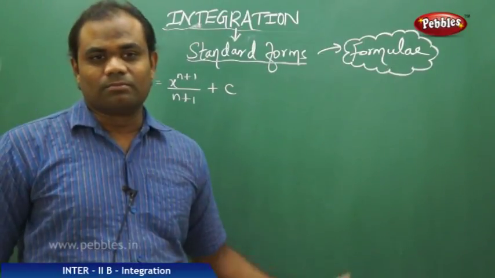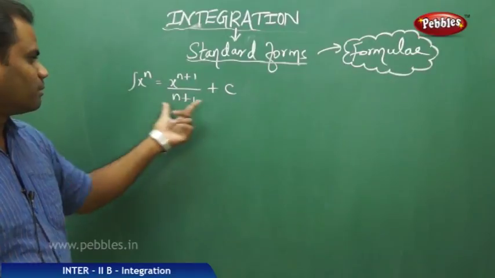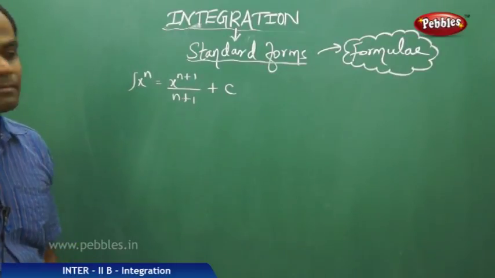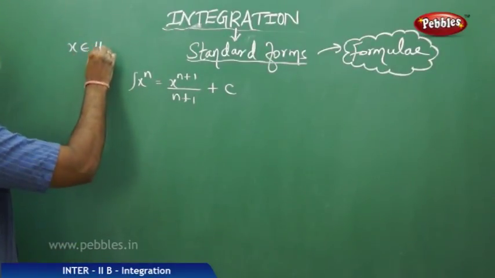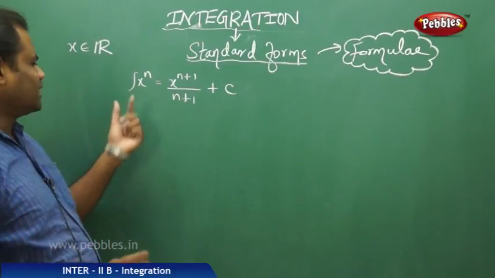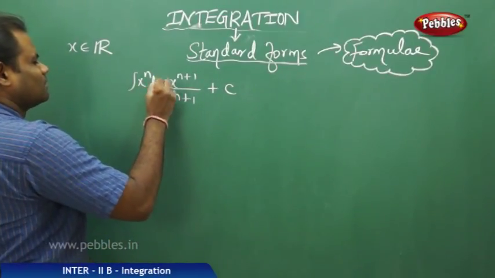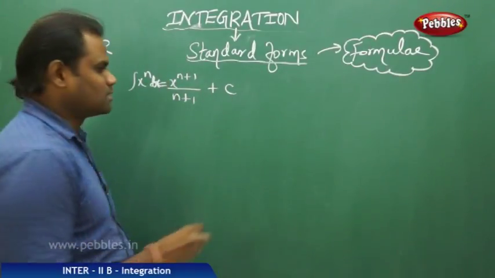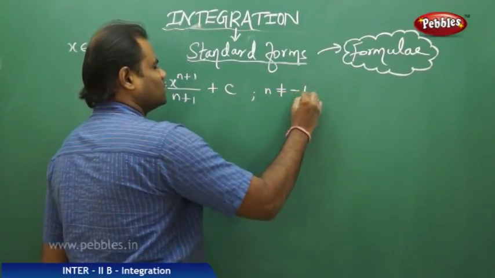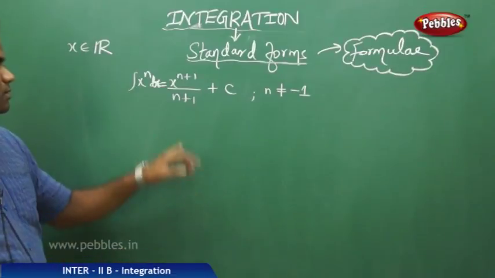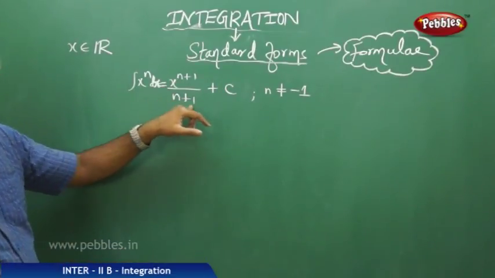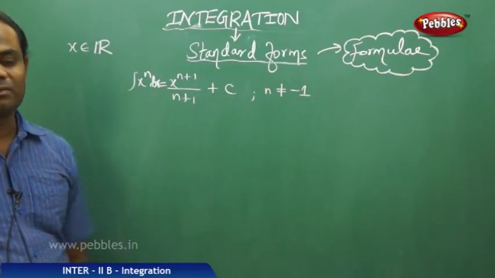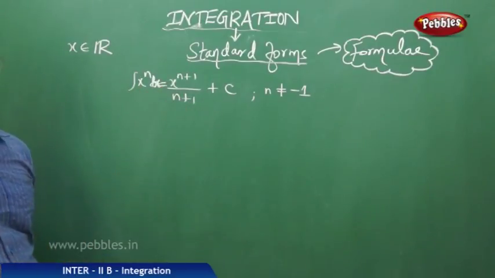Now in this case, we assume x is all real numbers, though I do not mention it, it is generally assumed that x is the set of all real numbers, or x belongs to R. So the integral of x power n dx is always x power n plus 1 by n plus 1 plus c, and of course n is not equal to minus 1, because if n is equal to minus 1, the denominator becomes 0 and hence undefined. So for n not equal to minus 1, the integral of x power n dx is this plus c.